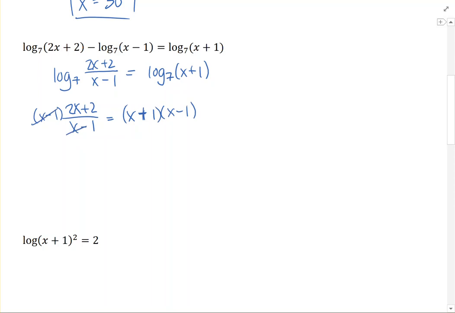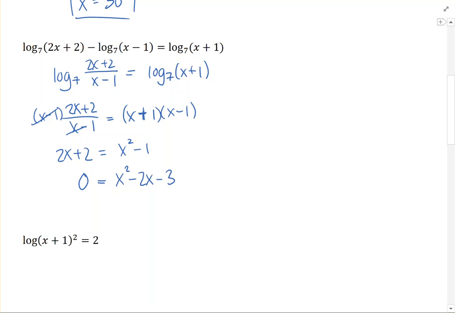So now this is gone. We have 2x plus 2 equals x squared minus 1, and I'm just going to multiply this out since we have a difference of squares. Since we're looking at a quadratic, it's always a good idea to move everything to one side. So I'm going to move the 2 and the 2x over. We have 0 equals x squared minus 2x minus 3.